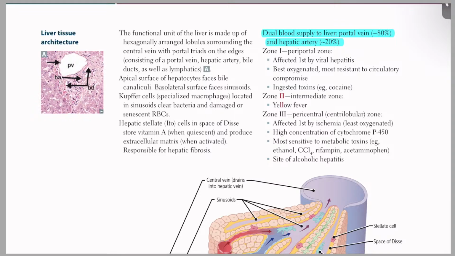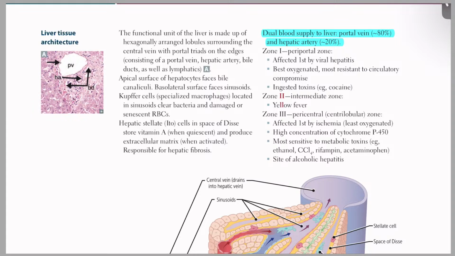Basolateral surface faces sinusoids. Kupffer cells: specialized macrophages located in sinusoids, clear bacteria and damaged or senescent RBCs. Hepatic stellate (Ito) cells in space of Disse store vitamin A when quiescent and produce extracellular matrix when activated, responsible for hepatic fibrosis.